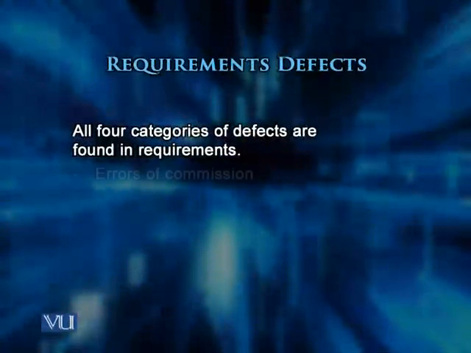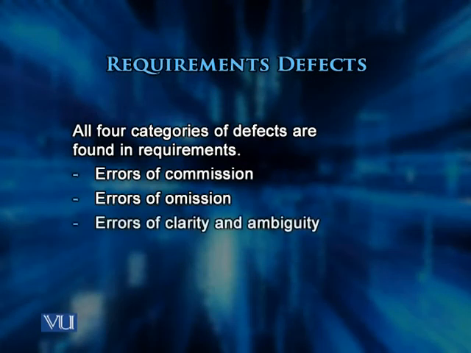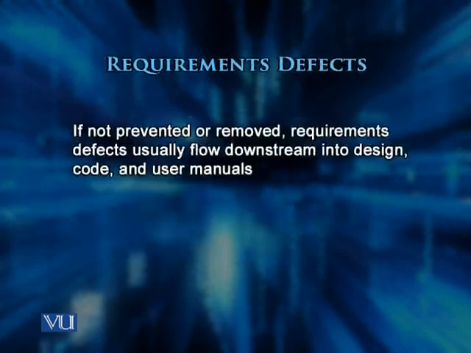These 4 kinds are errors of commission, errors of omission, errors of clarity and ambiguity, and errors of speed and capacity. If not prevented or removed, requirements defects usually flow downstream into design, code, and ultimately into user manuals.